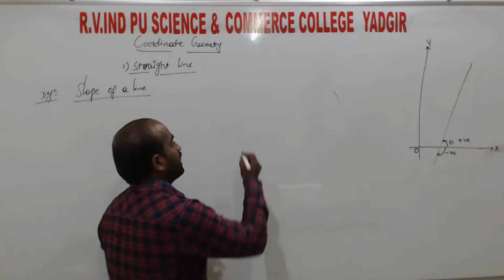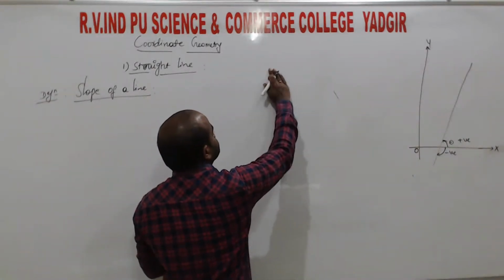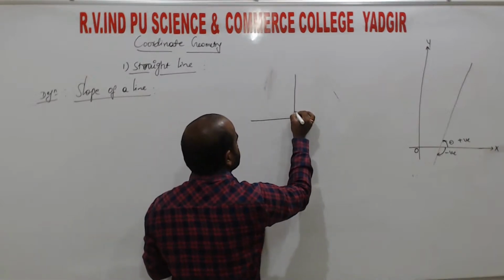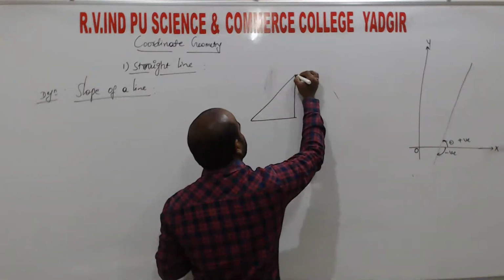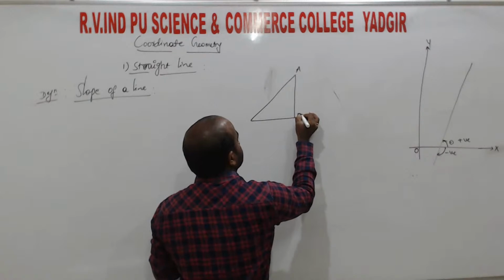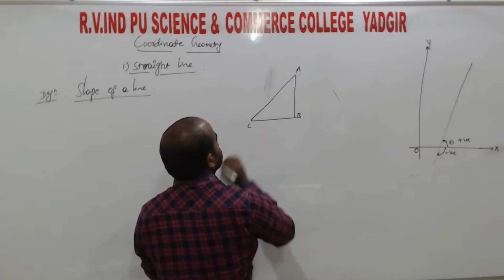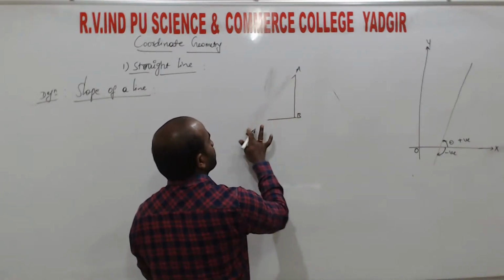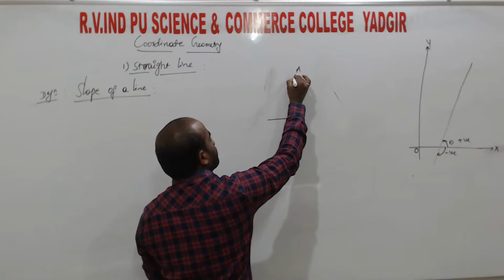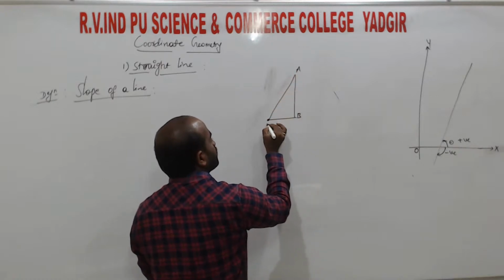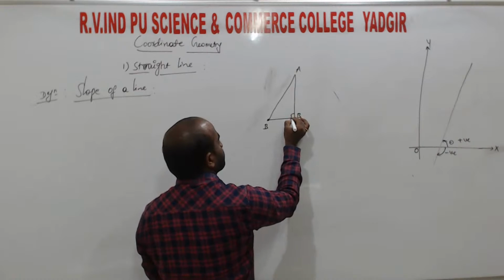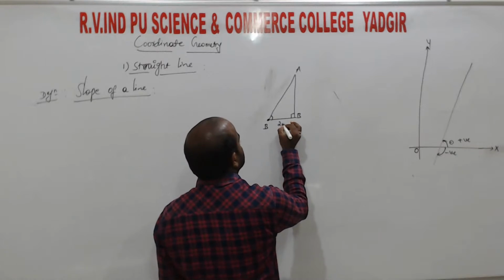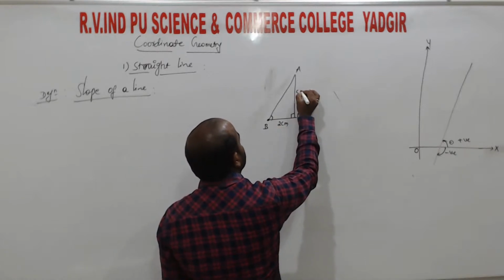Now, before that, you know this. Triangle ABC. For example, this one is 2 centimeter, this one is 5 centimeter.